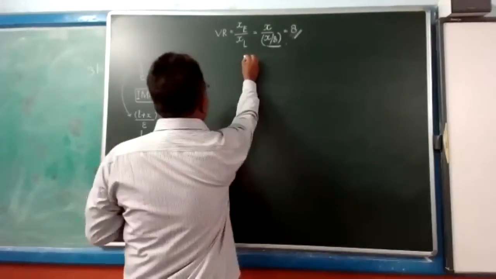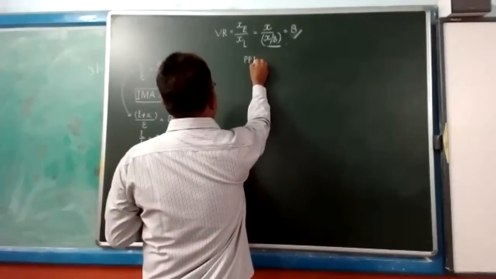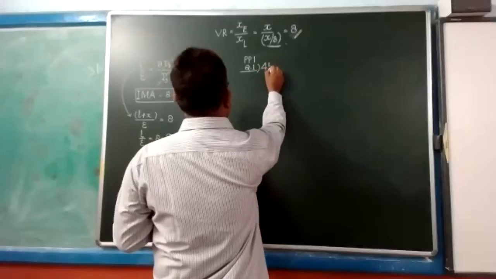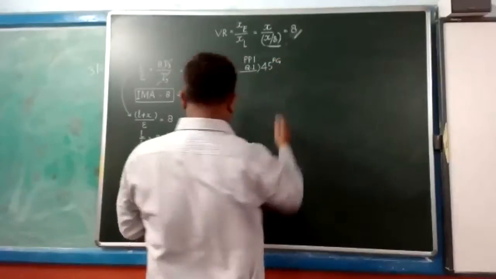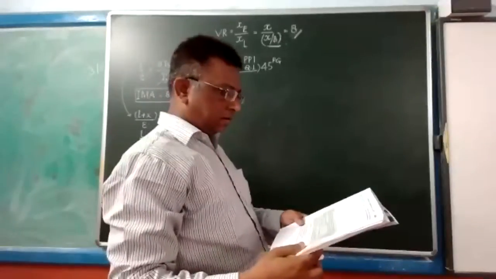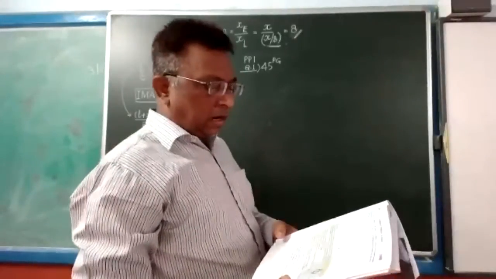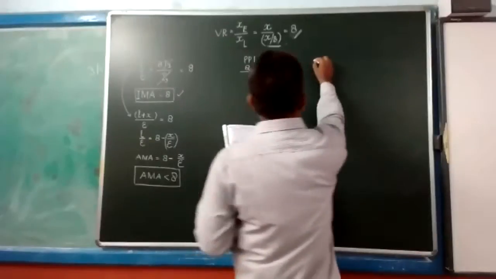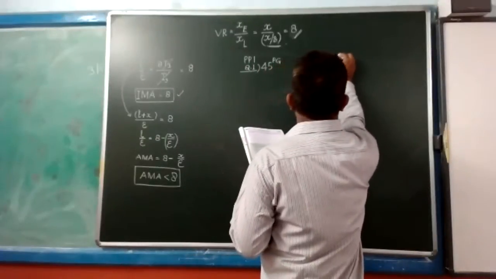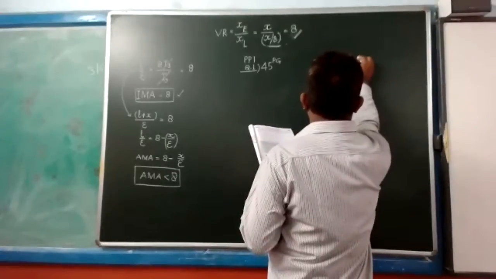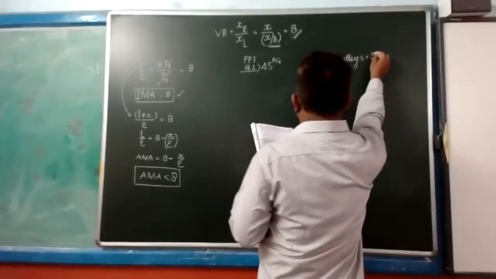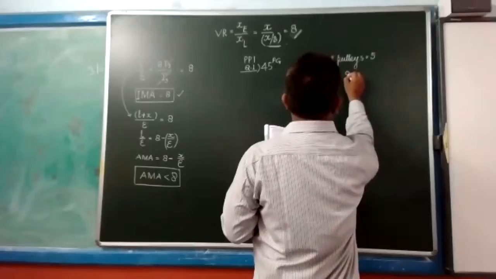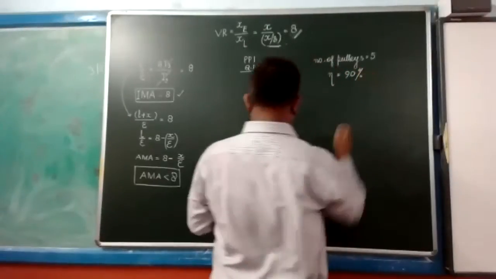Question number 1, PP1, page number 45. A pulley system has 5 pulleys in all. So the total number of pulleys is 5. It has 90% efficiency, means eta equal to 90%.